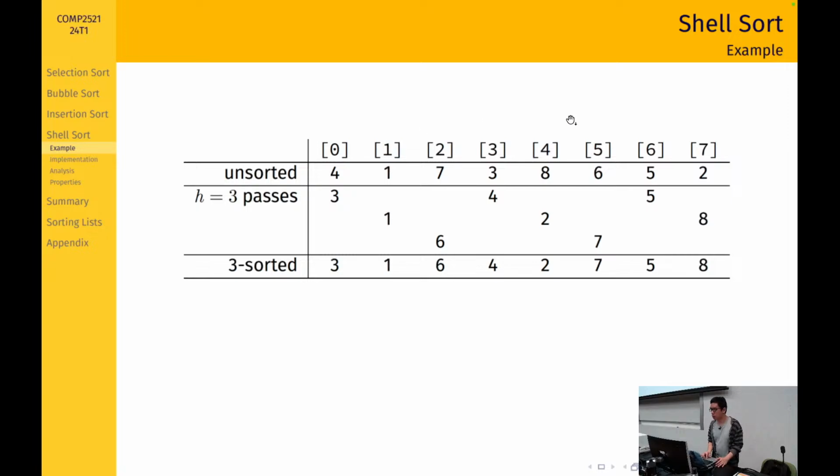Then we take 1, 4, and 7, and perform insertion sort on that group. Then take the last group, index 2 and 5, and perform insertion sort on that group. After we H sort with H equals 3, this is what we get. Notice that the array isn't quite sorted, but most of the elements are now a little bit closer to where they belong.